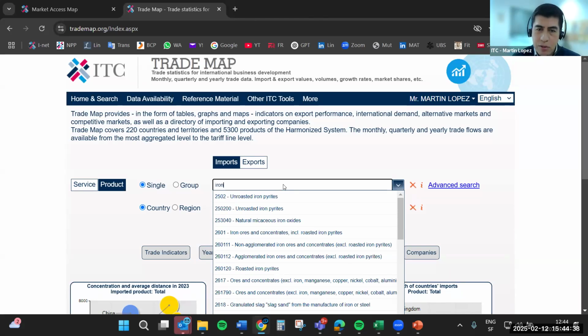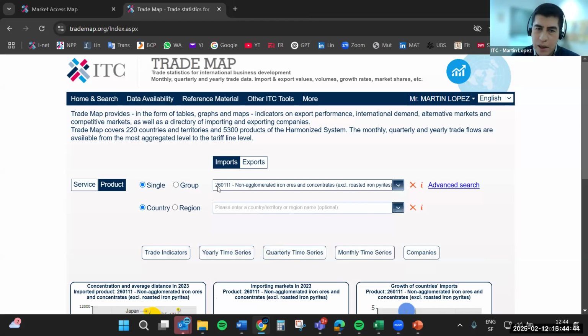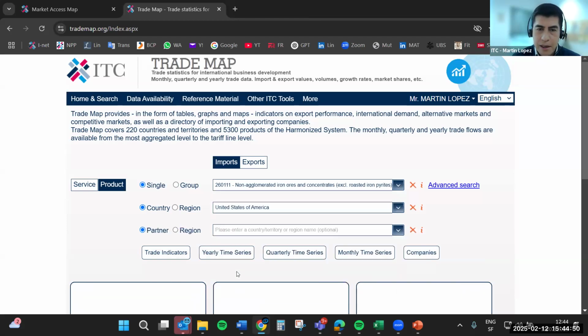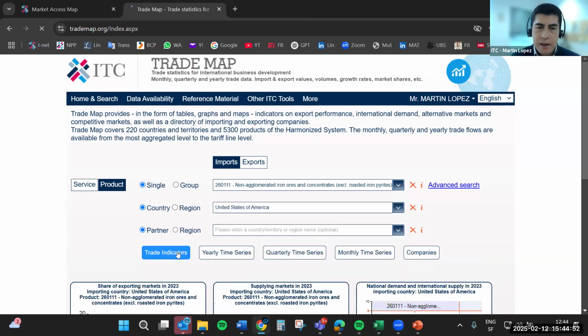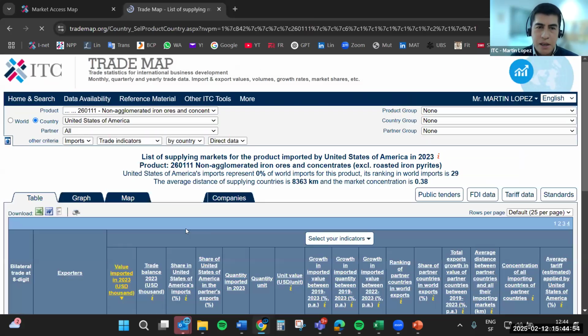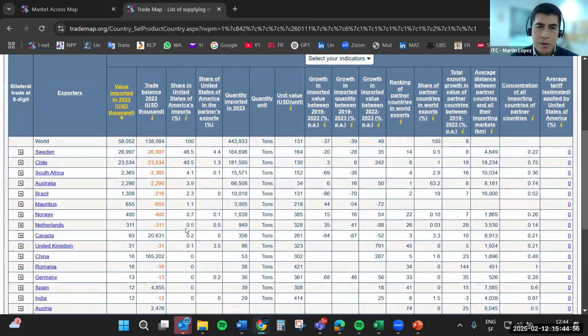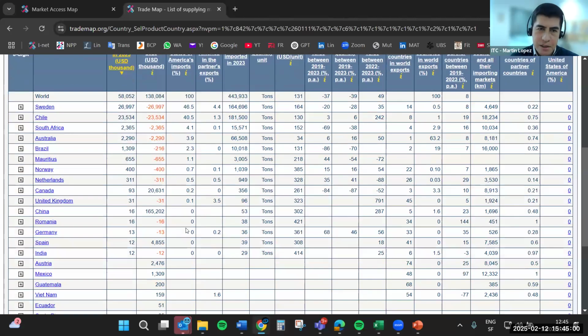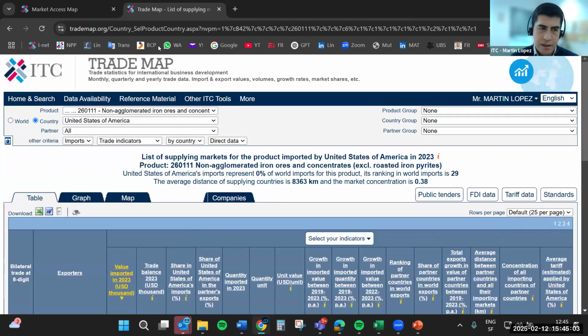So clicking on iron, the system will suggest some codes with iron. Clicking here, okay, so I picked that product, and I could also say United States of America and click on trade indicators. Then this big chart with so many indicators will be made visible for you to interpret.